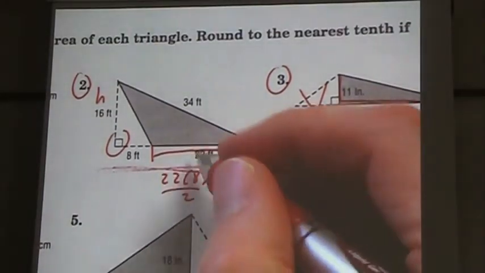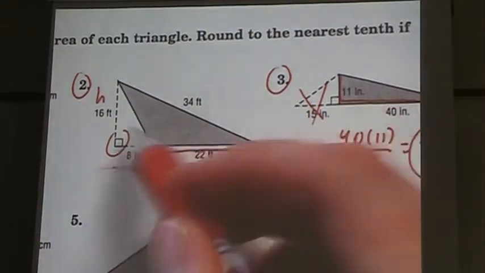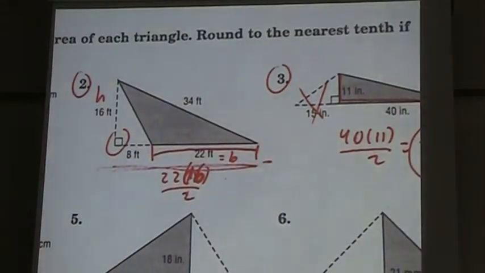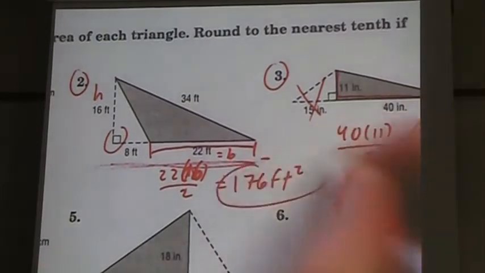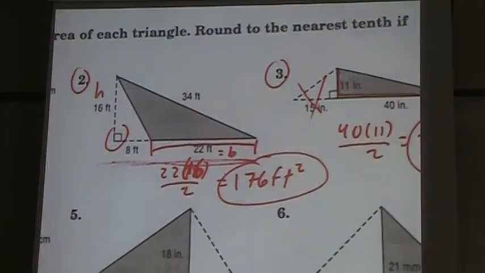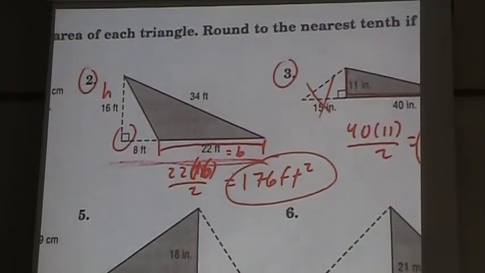I'm sorry, not 8, 16. 22 times 16 divided by 2. 176. So again, we're just using those formulas.